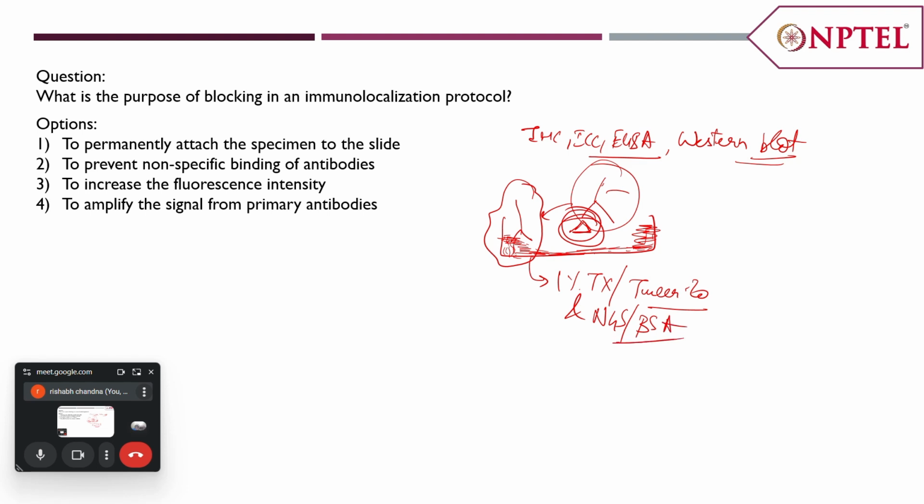This blocking prevents the antibody from binding to the other regions, and it will bind only specifically to the protein of interest. So it prevents non-specific binding of the antibody. This is the major function of the blocking step. So the correct answer is option number 2.